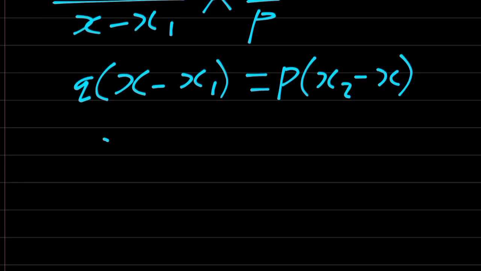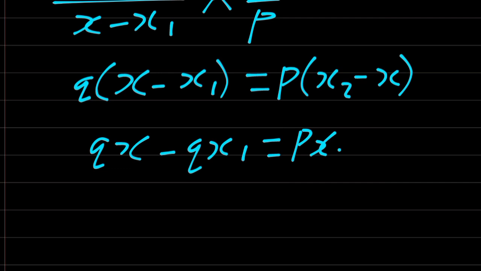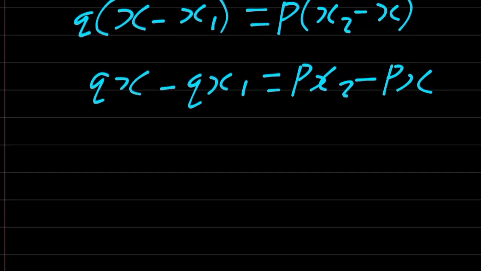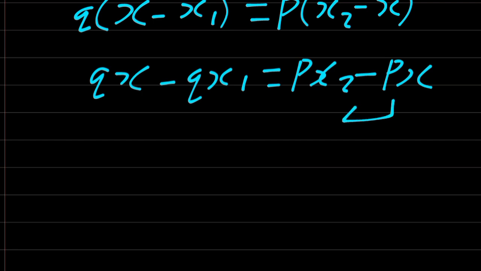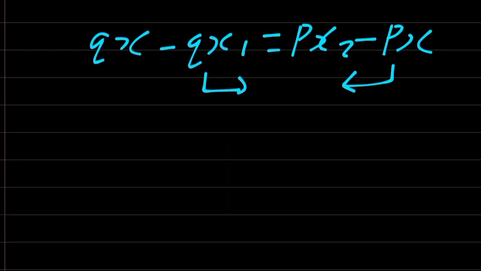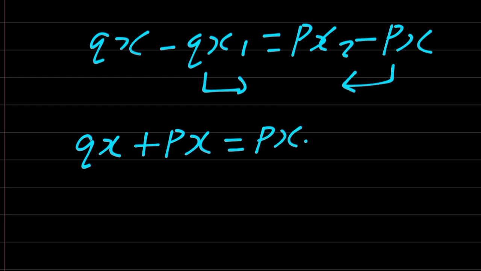Open the bracket, we have Qx minus Qx1 is equal to Px2 minus Px. Collect the like terms. This one is going like this, and this one is going like this. Therefore, we have Qx plus Px is equal to Px2 plus Qx1.